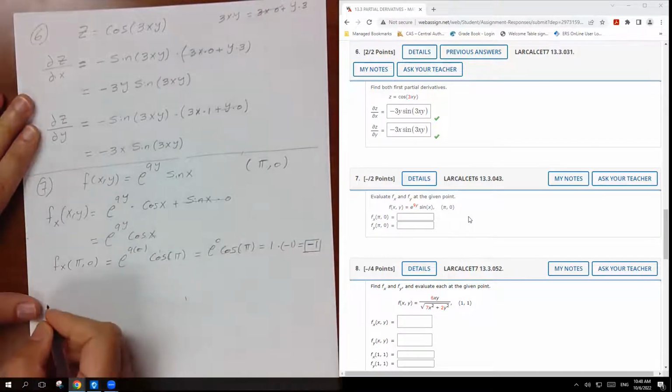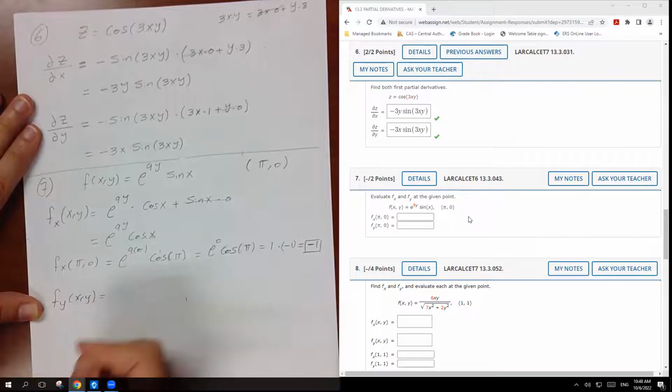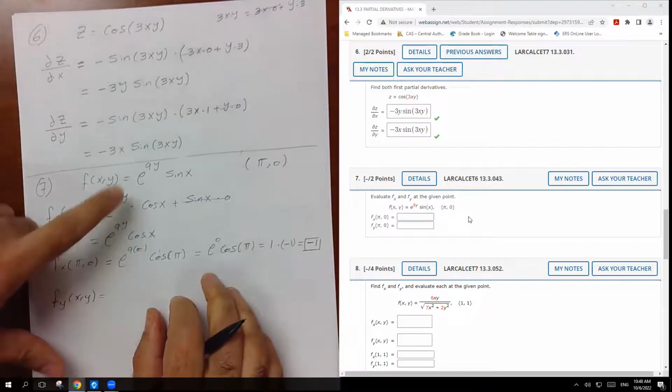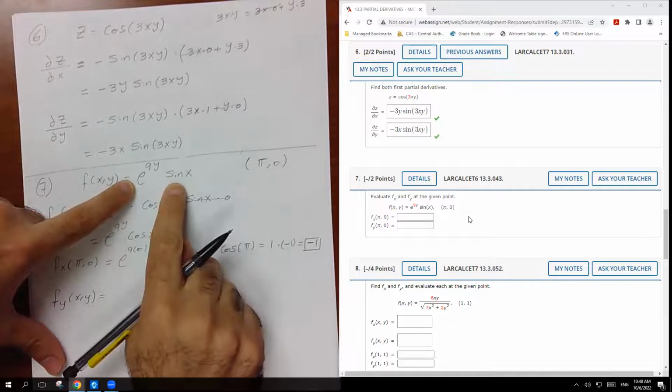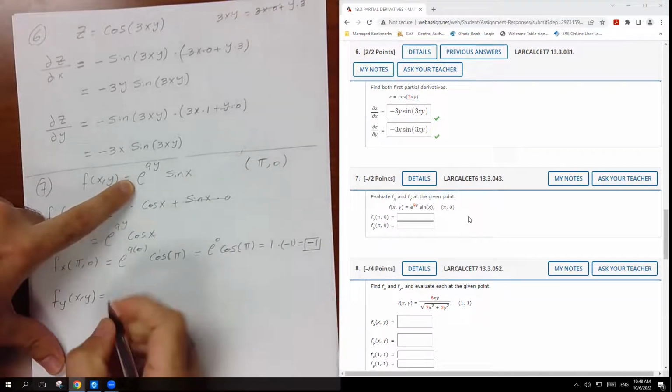We're going to do the same thing, but for f with respect to y. Now we're going to find the derivative with respect to y. Let's also use the product rule. The first one times the derivative of sine x, and everything here is a constant, so it's 0.